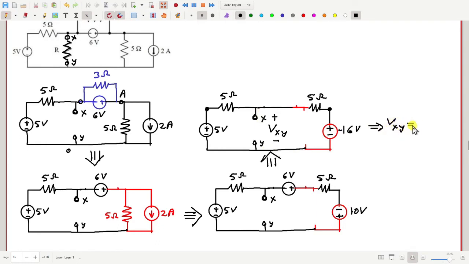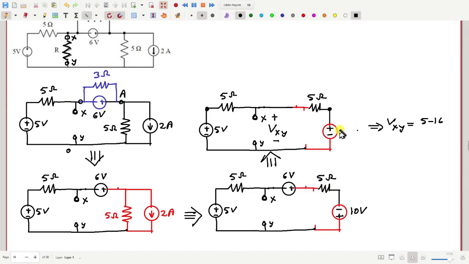Sir, but here, doesn't the plus go down, right, sir? 6 volt and then we would subtract, right? Sir, this 16 volt, how did you get rid of the 3 ohm resistance? No, sir, what I was trying to say was that this plus should be down for 16 volt. No, here I have plus minus, and you see, I have minus 16 written outside.